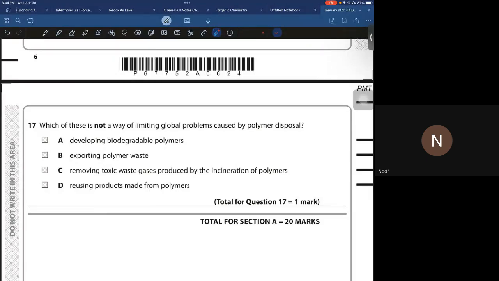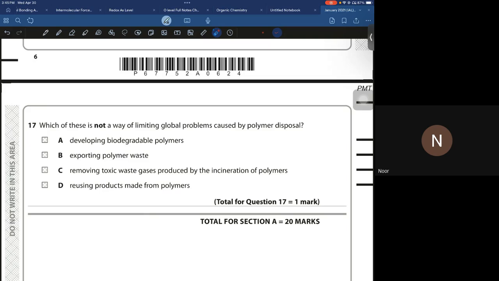So in option A, developing biodegradable polymers. It's not a way of limiting global problems, because if you are developing biodegradable polymers, what about the non-biodegradable polymers? Where would they go? So it's not a solution. Then option B says exporting polymer waste.